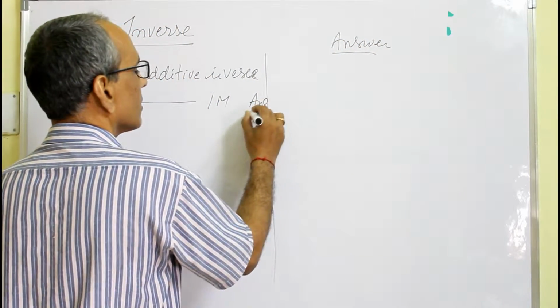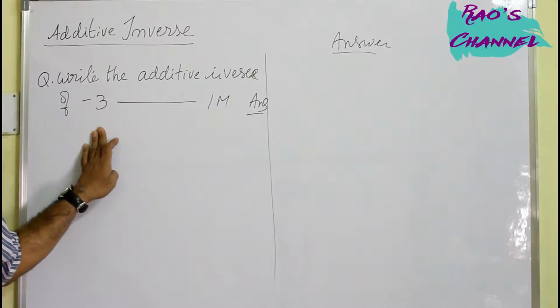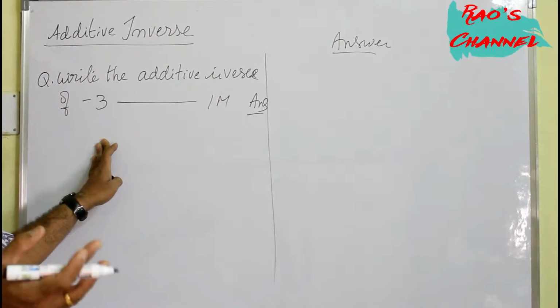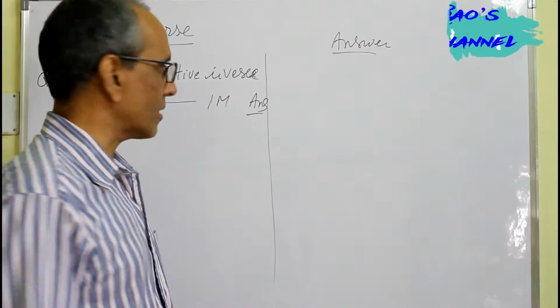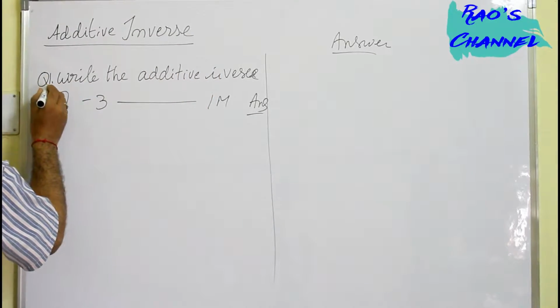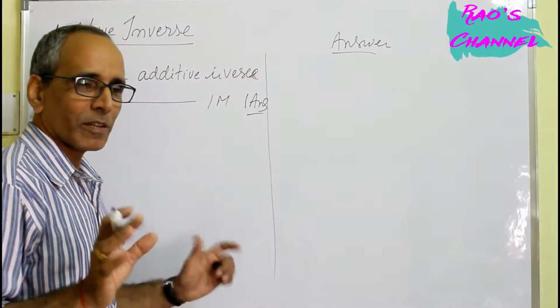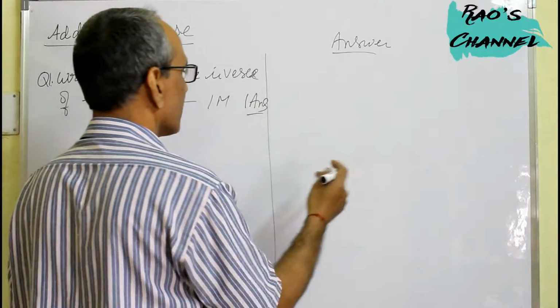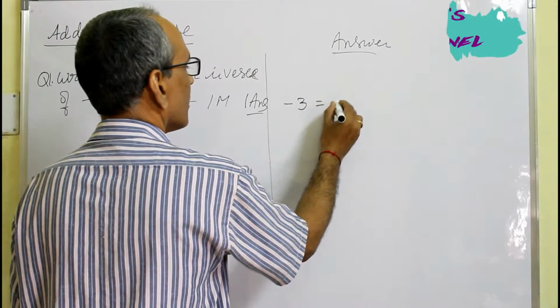Since the given integer is minus 3, they know the additive inverse of minus 3 is plus 3. But how do they present it here? Suppose this is question 1. First answer: everything is perfect. But see the main task here. The given number is minus 3, they copy it, is equal to 3.